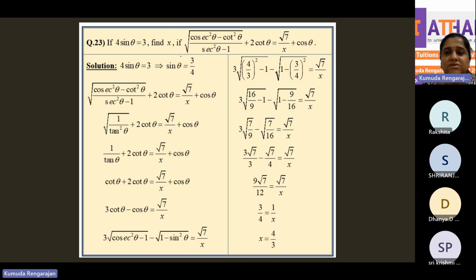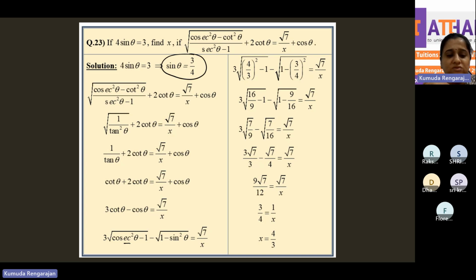Now see, we have sin theta equal to 3 by 4. You can draw a right triangle and find the values of cot theta and cos theta. At this stage, you can stop, take a right triangle. What is sin theta? 3 by 4.